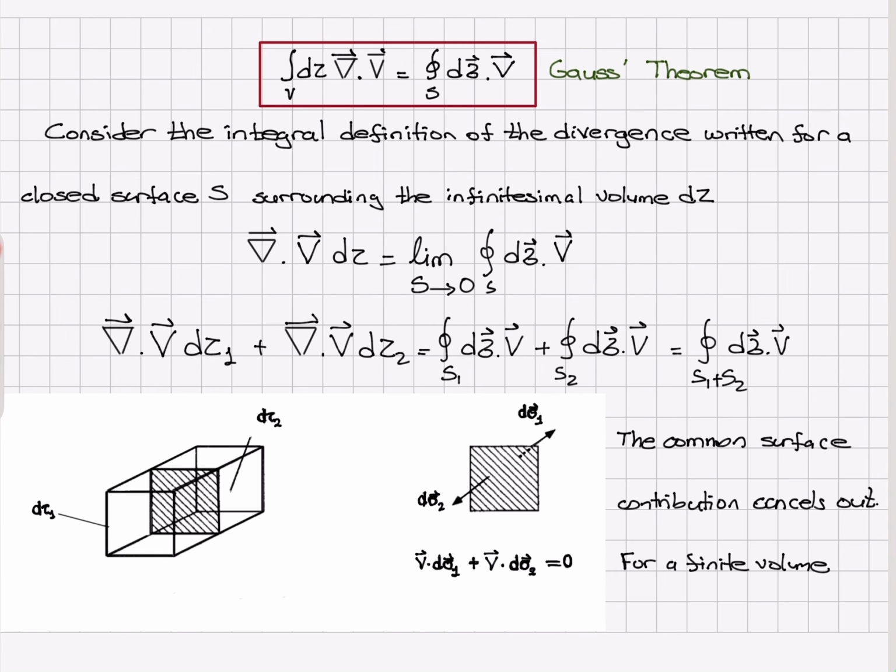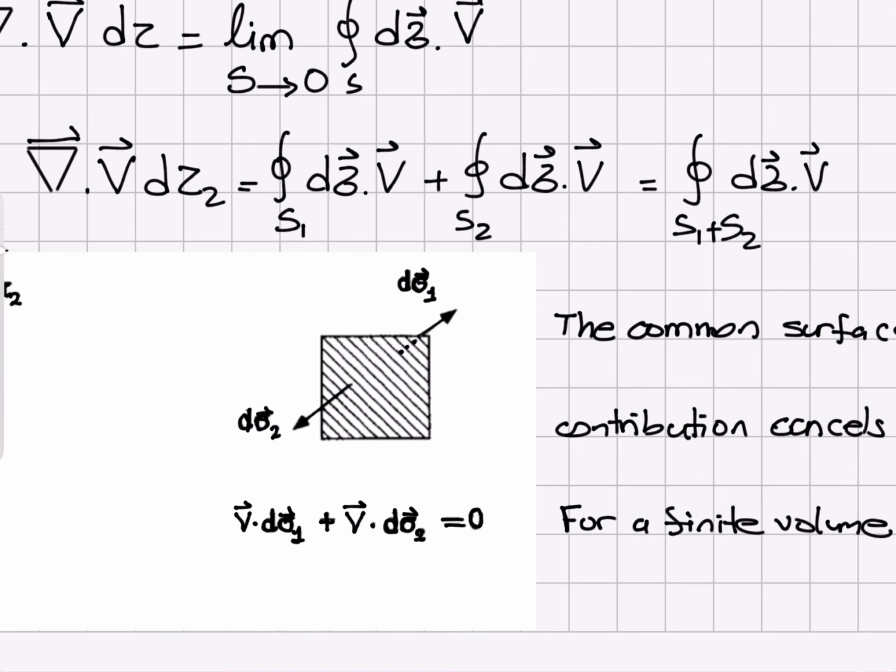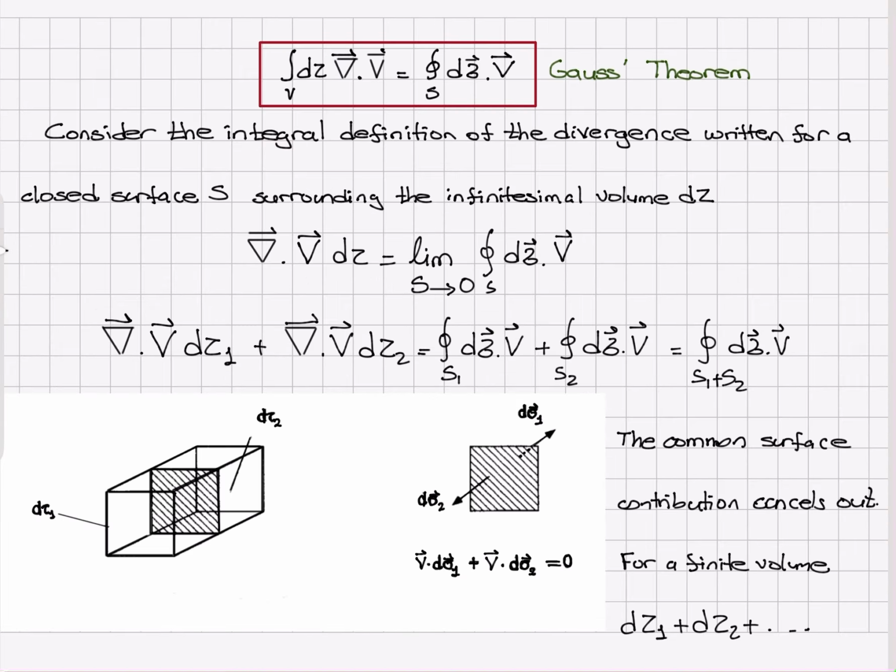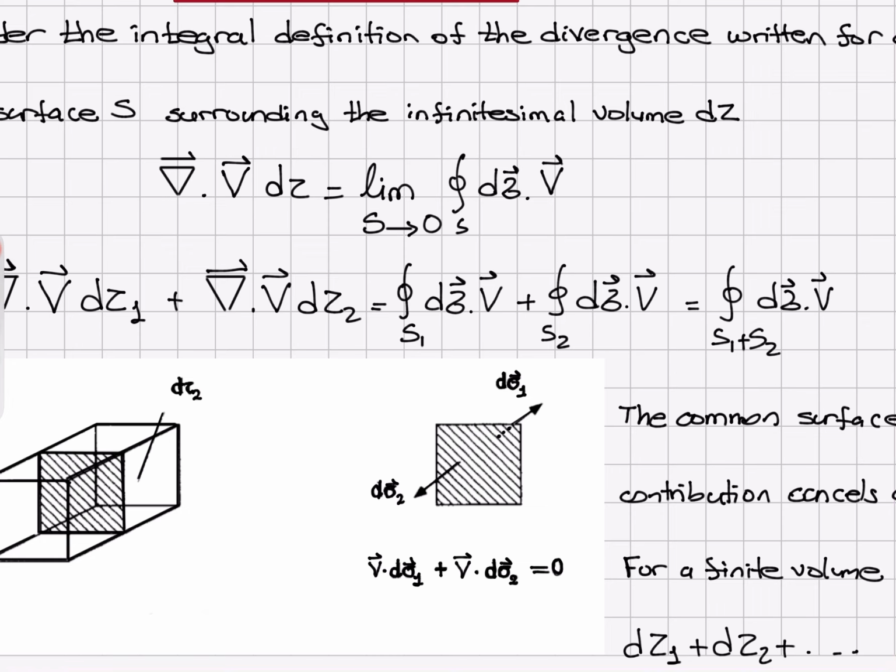contributions cancel out for this product, for a finite volume that consists of a sum of these volumes d tau 1, d tau 2, etc., instead of using these infinitesimal volumes, I can say that for S1 and S2, since the common surface cancels out, basically I can just consider the outer surfaces of this total volume, which is defined by d tau 1 and d tau 2, because the contribution from the common surface is 0.